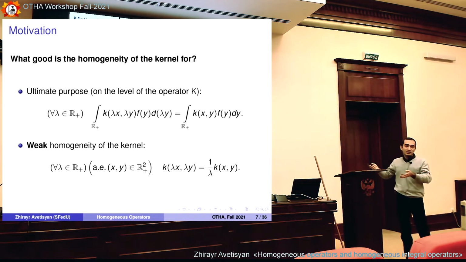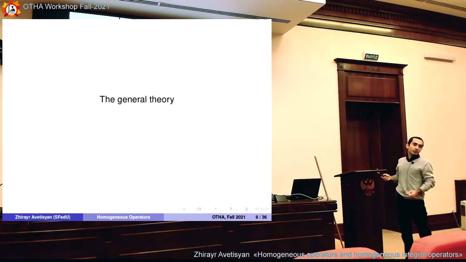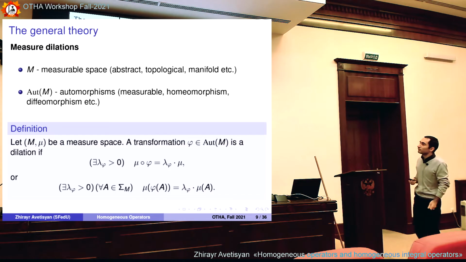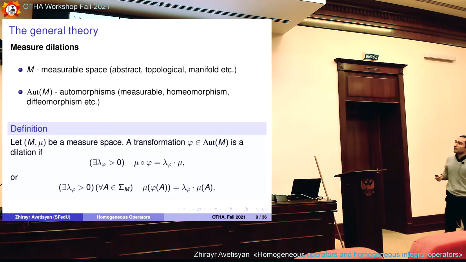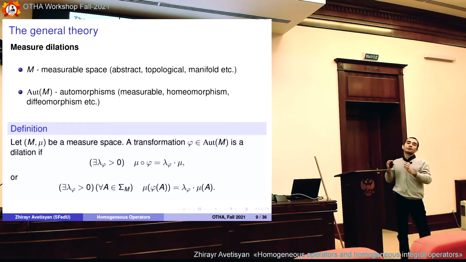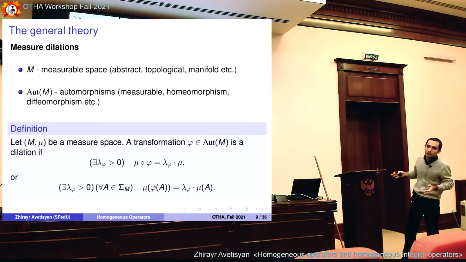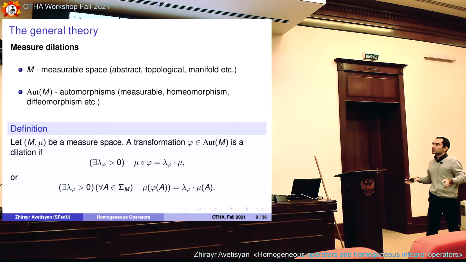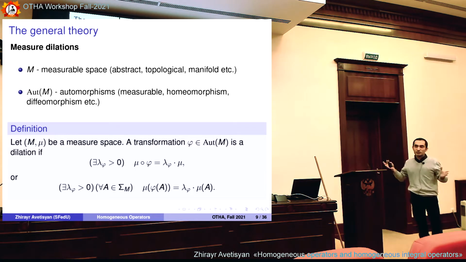Now, with these ideas, let's go to a more general situation and try to develop a corresponding generalization. So what we take is a measurable space. We fix a measurable space M from a certain category. Say, it may be an abstract measurable space, or it may be a topological space with its Borel measurable structure, or it may be a manifold with its smooth measurable structure.